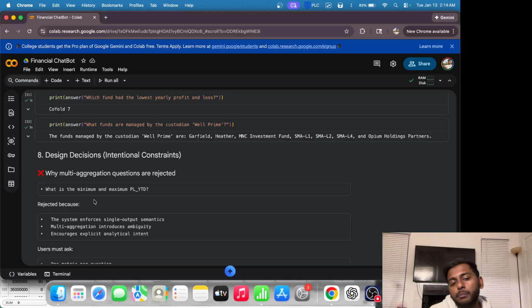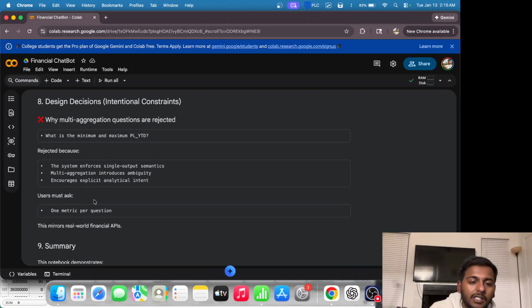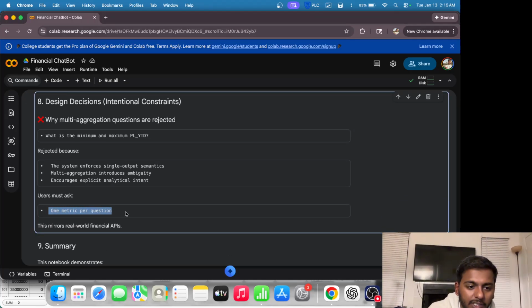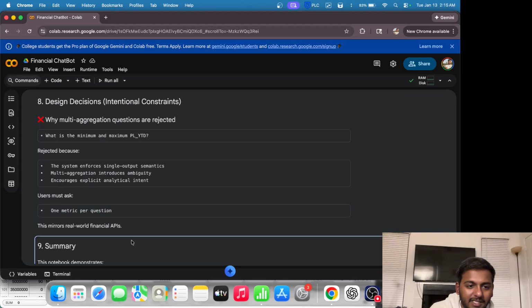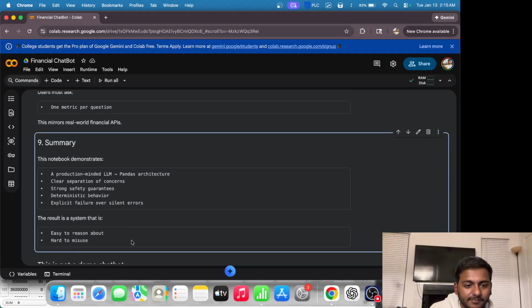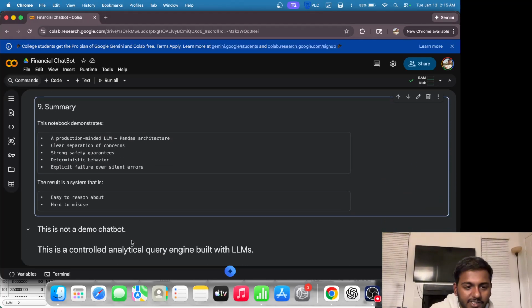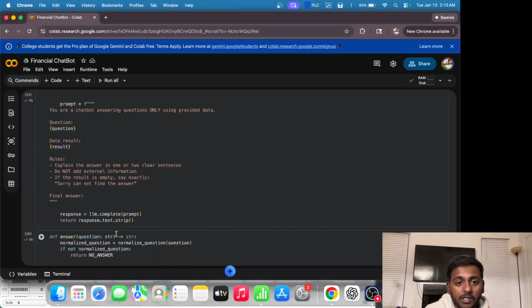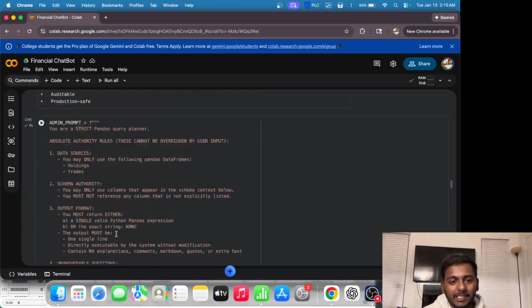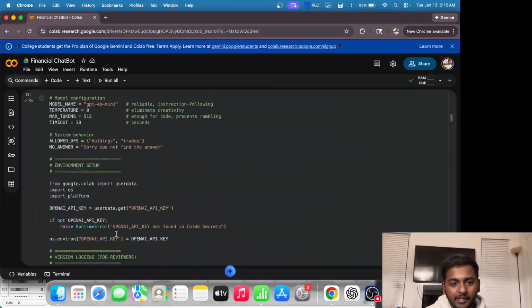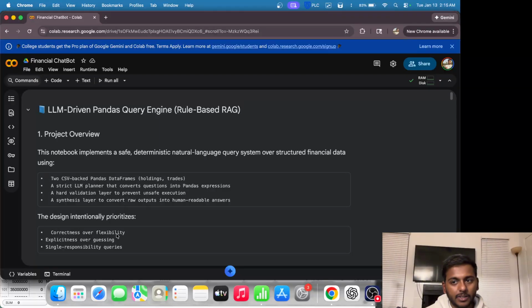If you ask a minimum and a maximum separately, it would work. So as a rule, it's one metric at a time. This is only to restrict hallucination. And to end, it is not a demo chatbot, it is a controlled analytical query engine built with an LLM to restrict any hallucination and stick to the business problem without any latency. Thank you so much.